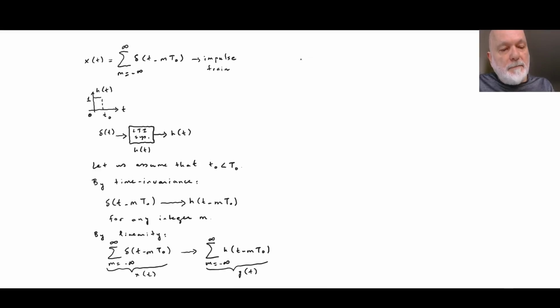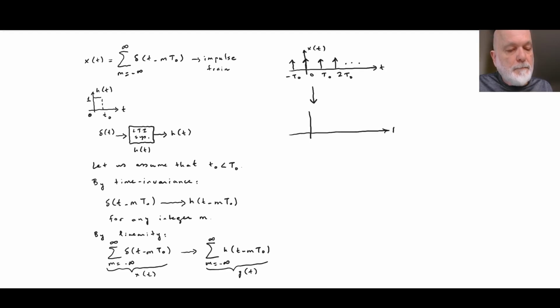So if we look at the graphs, x of t is the impulse train at minus T0, 0, T0, 2T0, etc. And corresponding to this x of t, the output y of t will be composed of periodic repetitions of these rectangular pulses.